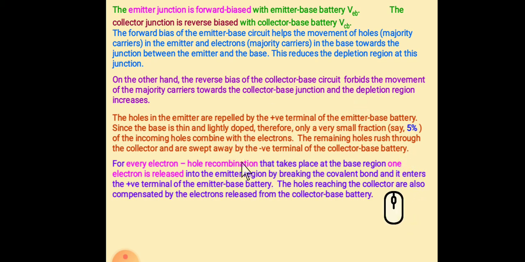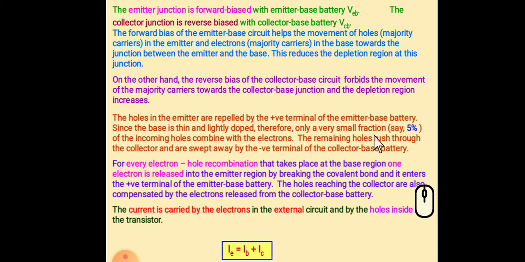So 95% of holes will go towards the collector and 5% will go towards the base. So total current here also same, that is IE is equal to IB plus IC. This formula we have to remember, very important formula.